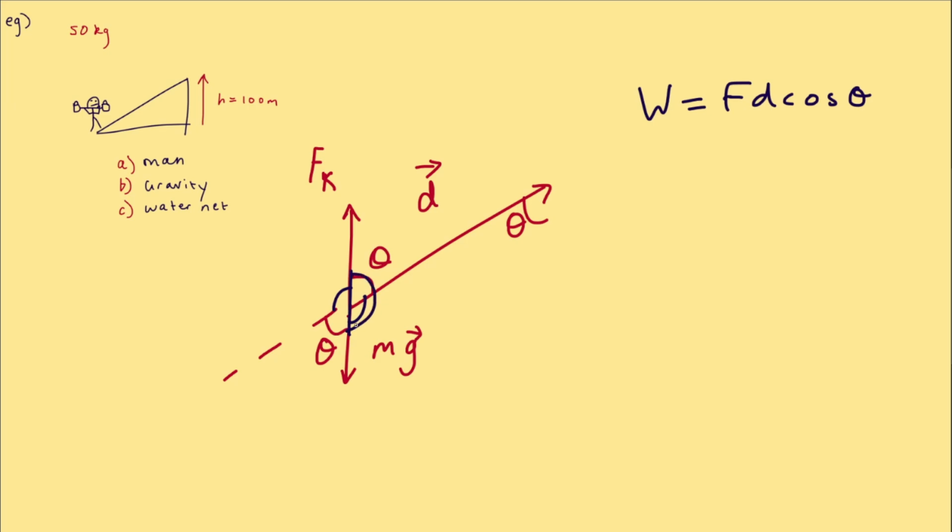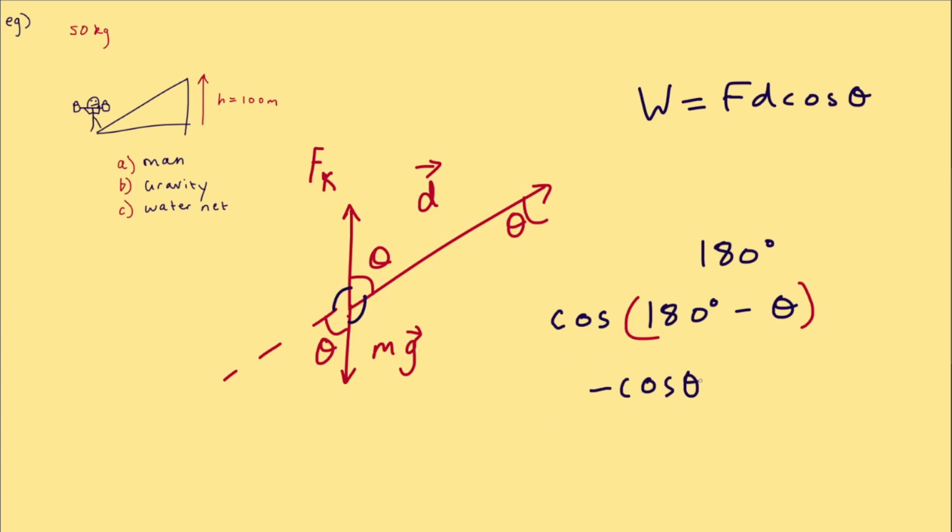Since this straight line angle would add up to 180, then this part of the angle here would be 180 minus theta. And cosine of this is equal to negative cosine theta. That's because of the trig identity. So if you haven't learned a lot of trig, don't worry. Just know that this is a trig identity and this simplifies to this. So now you have negative cosine.